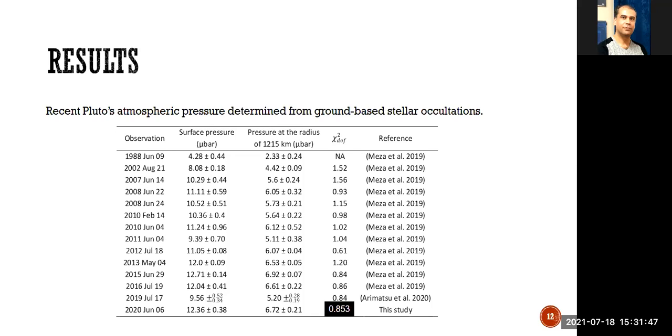As can be seen, for the present occultation, the reference radius pressure is about 6.72 microbar, which corresponds to a surface pressure of 12.33 microbar. The observed change in the pressure values in the table can be explained by the LMD model.